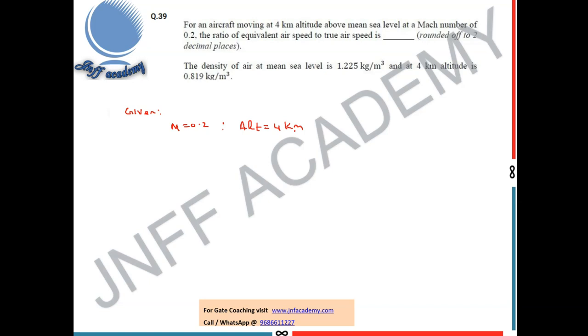So we have already studied in the class, and we have derived also the formula for true airspeed versus equivalent airspeed, right?